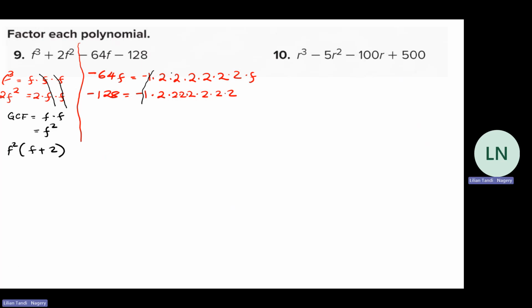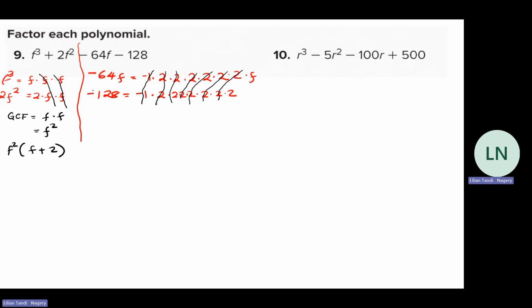So negative 1. This one goes, this one goes, this one goes, this one goes, this one goes, and this one goes.